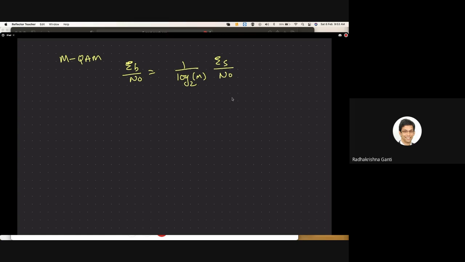Or, SNR per bit is equal to 1 by log 2 of the modulation order times SNR per symbol. Is that clear? If you have 16 QAM, 4 bits represent each symbol, so the energy per bit will be 1/4 of the energy per symbol. Any question?